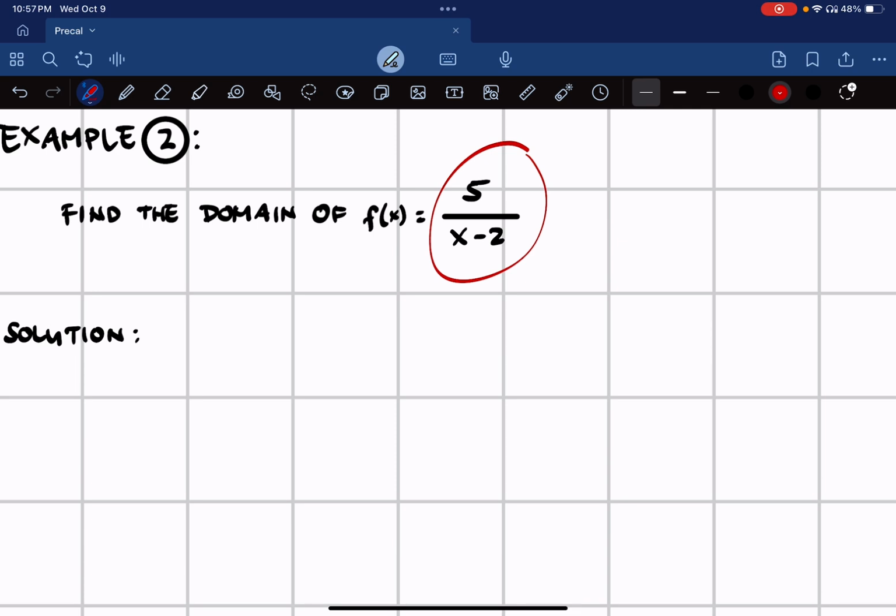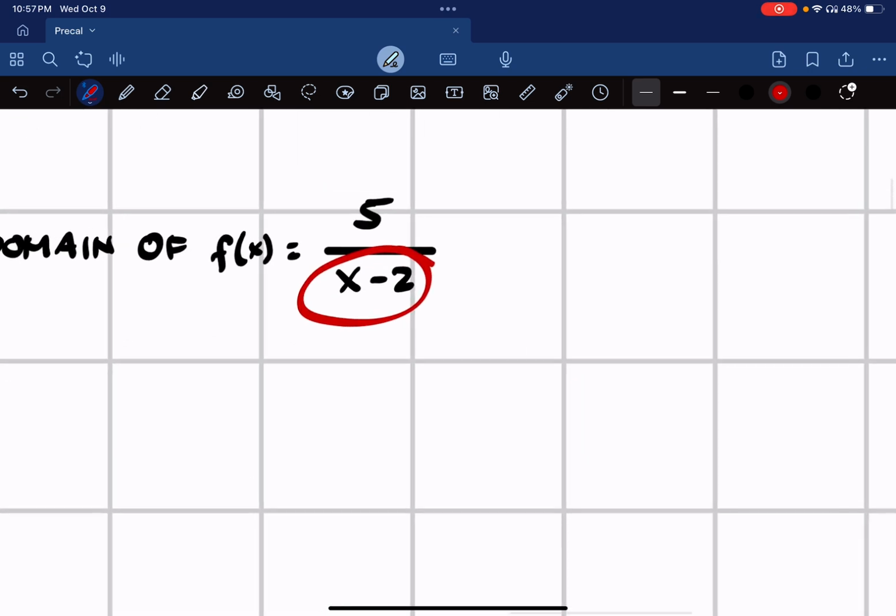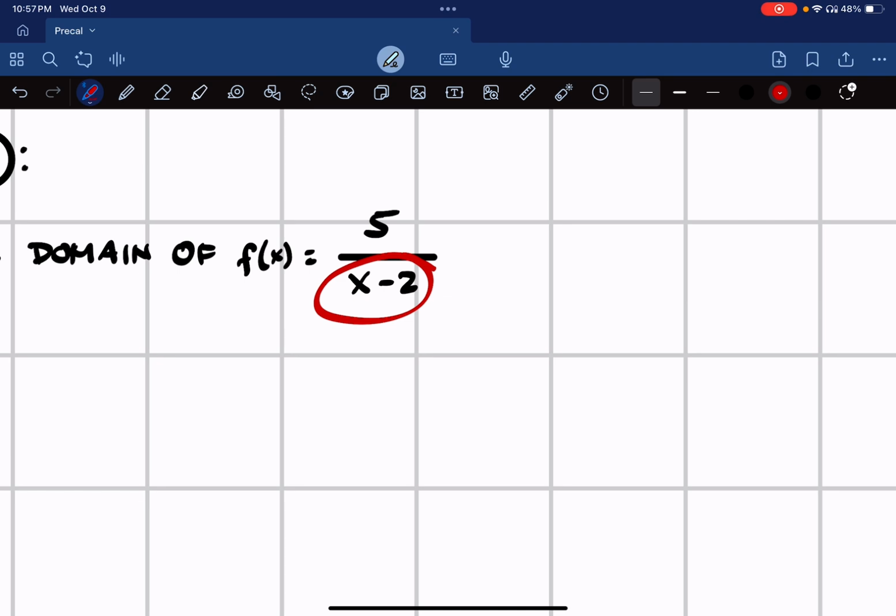Excuse me po. Now, to find the domain of this function, we have to consider the denominator. Magkuan og restriction. Diba, any number sa denominator kay pwede except for 0.